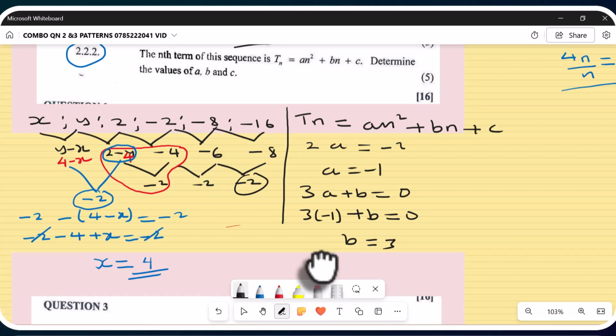Our a here is 3 times 2 to the power 5. Then into 1 minus a half, to the power 7, divided by 1 minus a half. So calculate what we get here to get our S7.